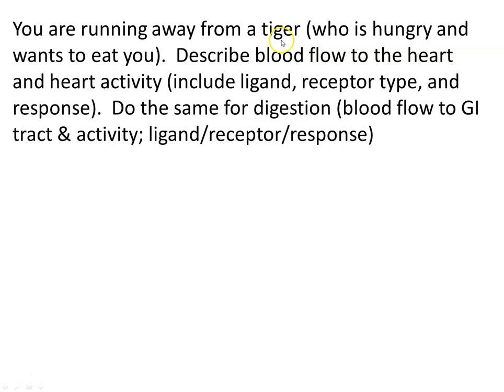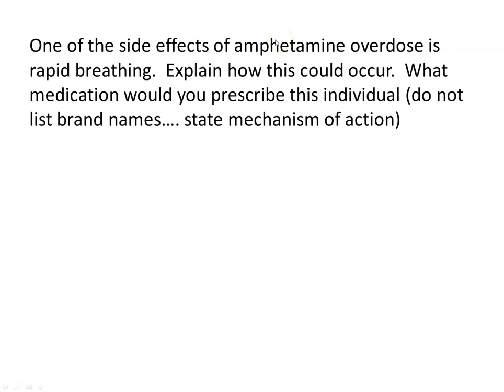And then the second problem I want you folks to work on is what happens when you have an amphetamine overdose. So in here, what happens is you have rapid breathing. So if you don't remember from anatomy, I'll just refresh your memory. Breathing rate is different from bronchodilation. Bronchodilation just allows you to open up the airways.